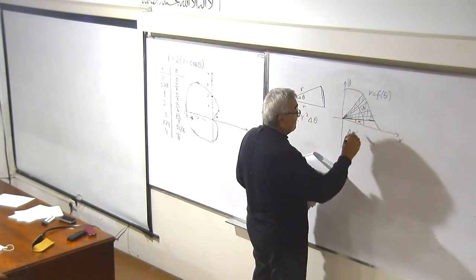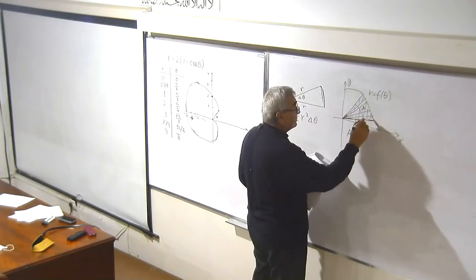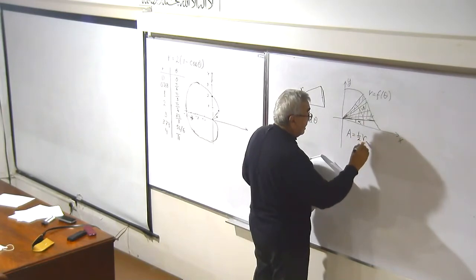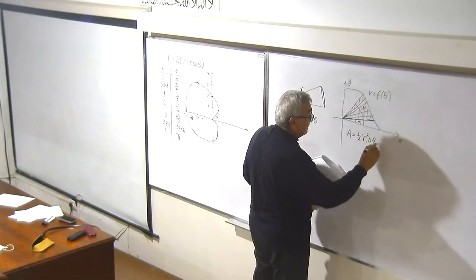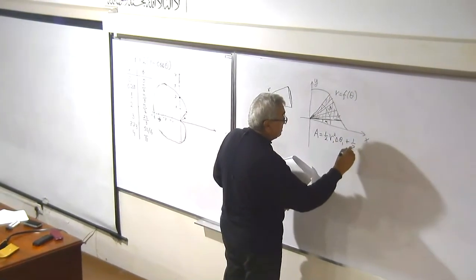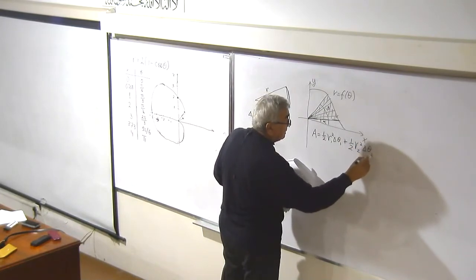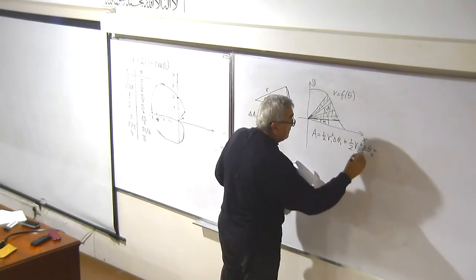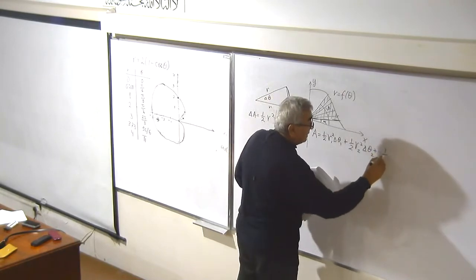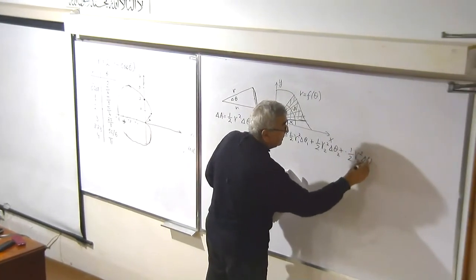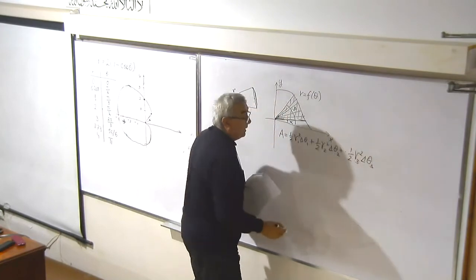That means it will be equal to the area of the first sector, that means 1 by 2 r1 square delta t1 plus 1 by 2 r2 square delta t2 plus 1 by 2 r3 square delta t3, and so on.